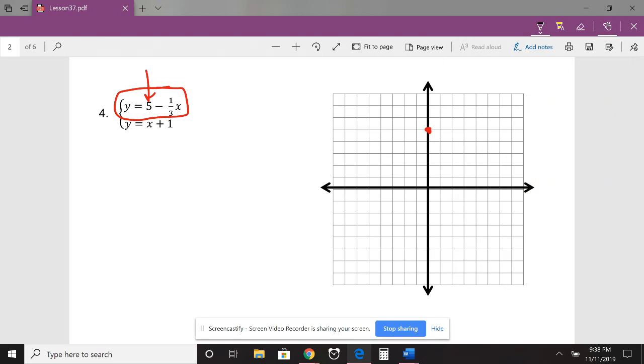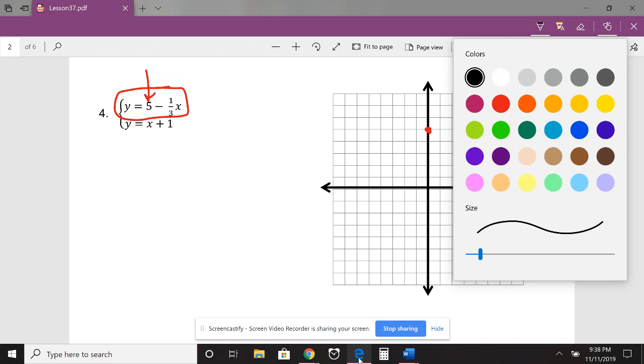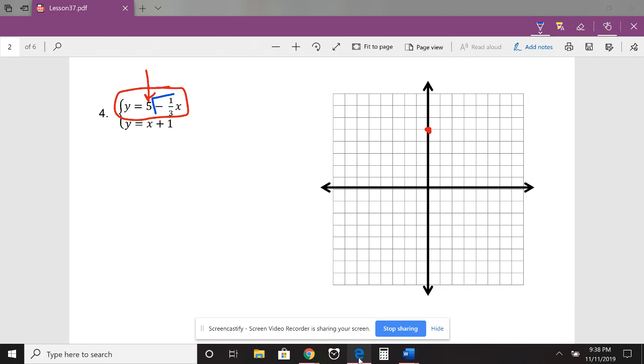Now, to the rest of it, we go to a different color. Negative 1/3 is your slope, so you go down 1 to the right 3. Down 1 to the right 3. And up 1 to the left 3. There's my equation.